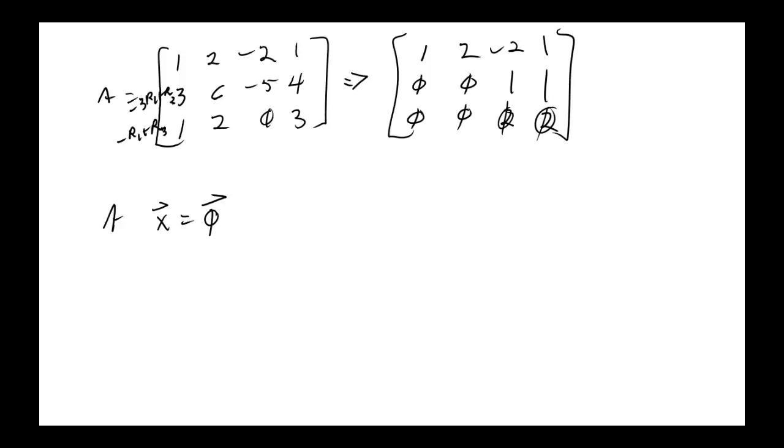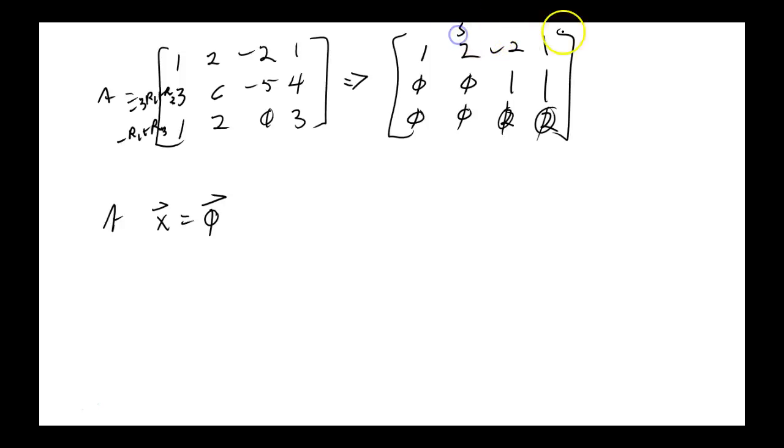Choose x2 and x4 as free variables because you don't have a leading non-zero entry in those 2 columns. So let's see what ours turns out to be.